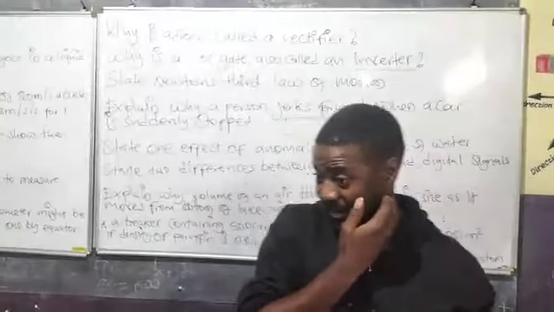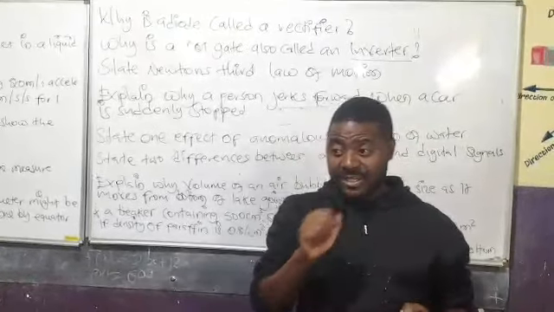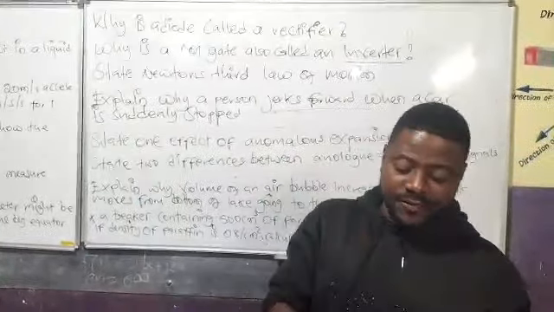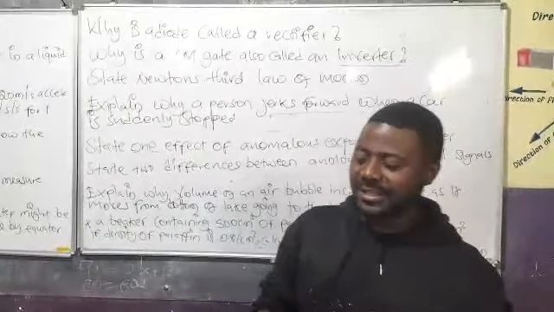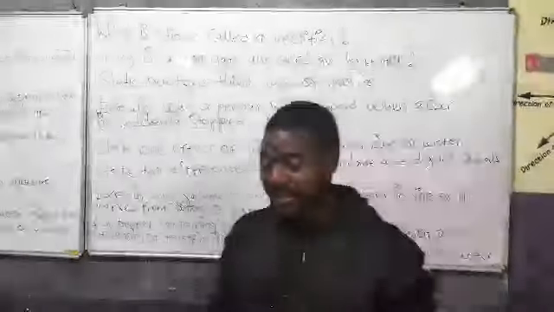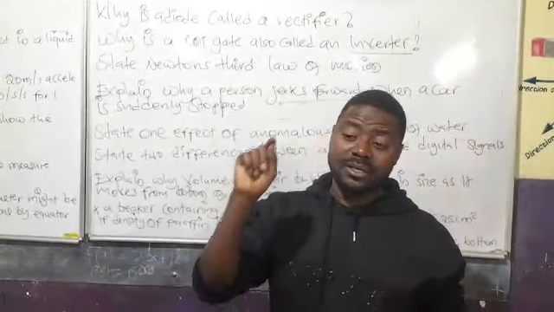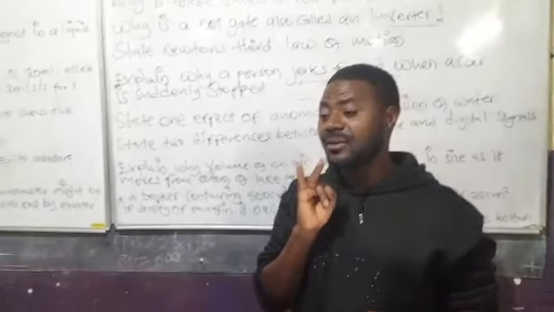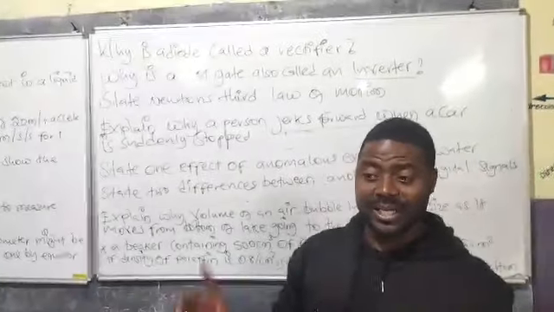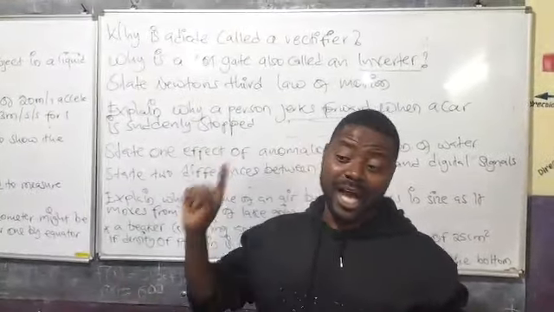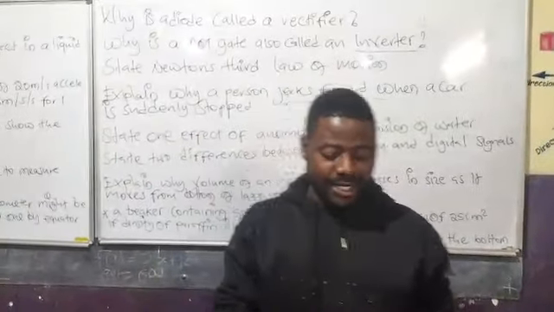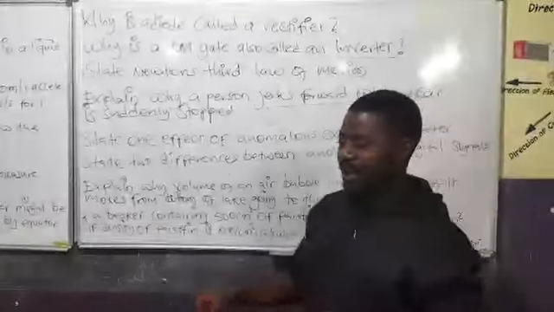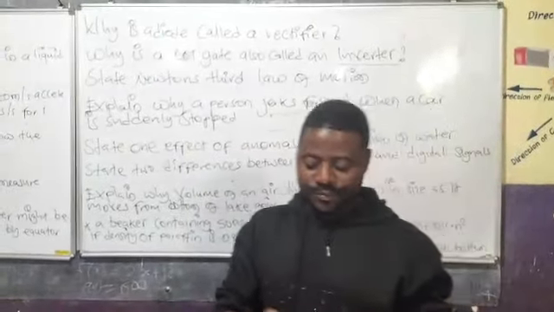Okay, you understand there? Yes. So it gives an output that is opposite to the what? To the input. If the input is 1, on, the output becomes 0, off. If the input becomes 0, off, the output becomes 1.